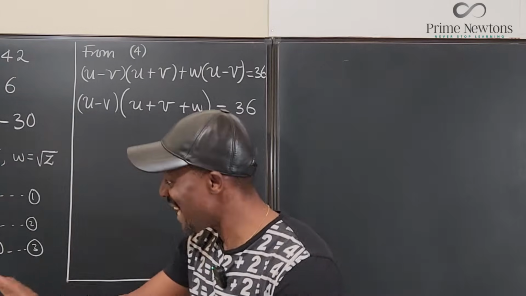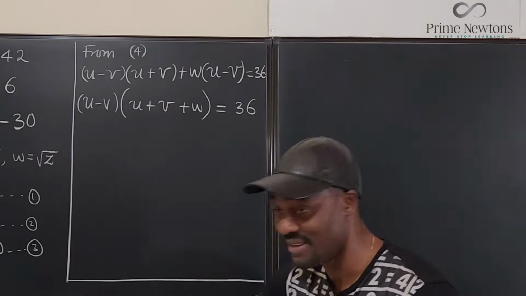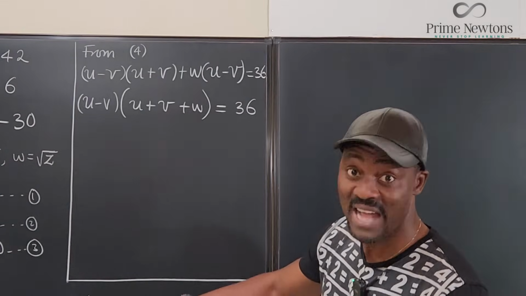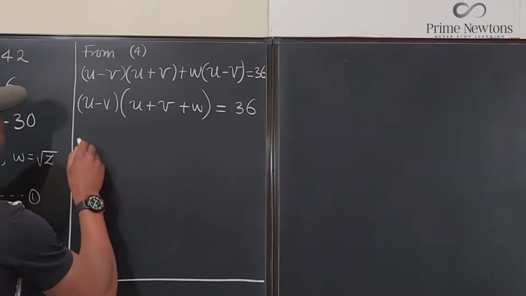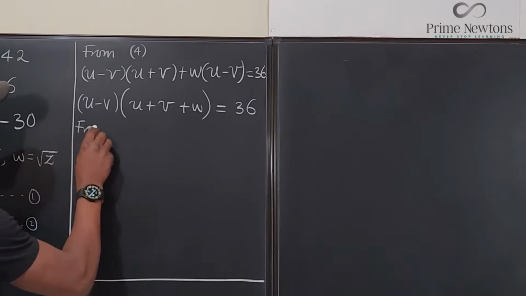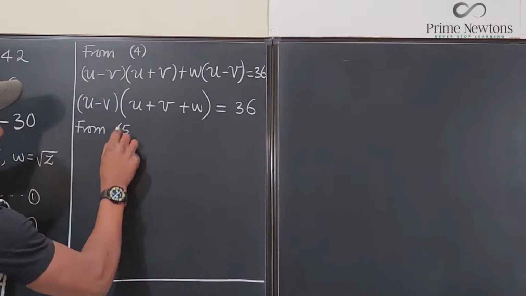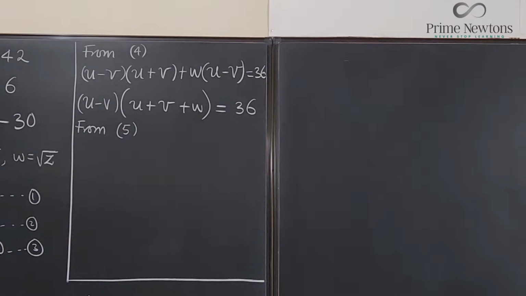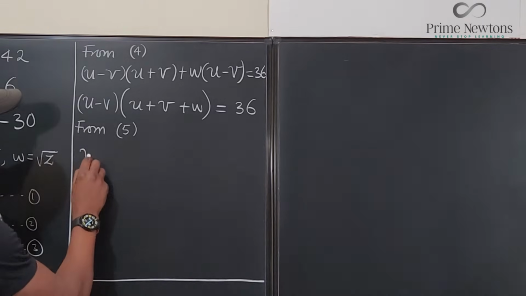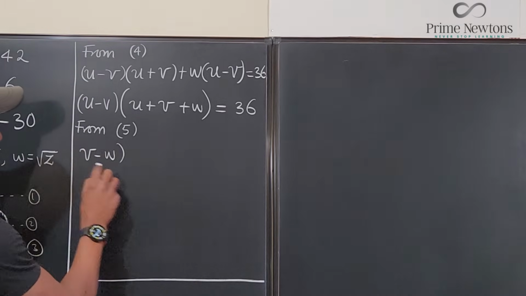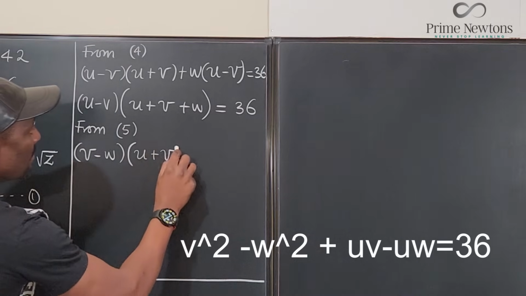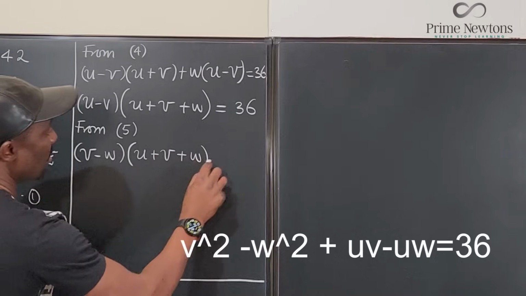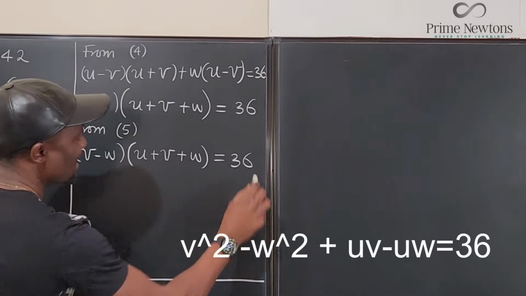Because the same exact thing is going to happen when I factor this. Similarly, from 5, I am also going to have v minus w. I have v minus w times u plus v plus w equals 36.